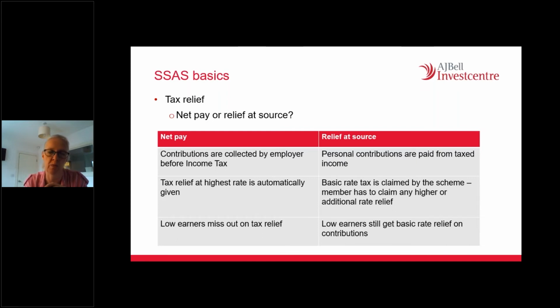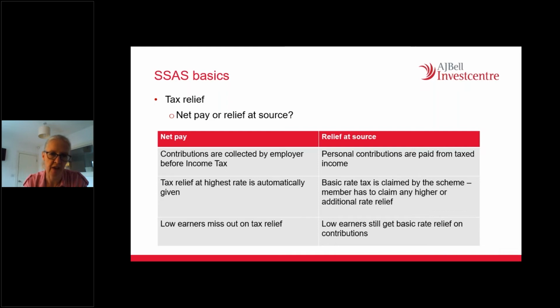So any personal contributions come in from taxed income, you pay a net contribution net of basic rate tax, the scheme claims back the basic rate tax from HMRC, and anybody who's a higher or additional rate taxpayer has to claim that additional relief from HMRC directly, either by self-assessment or contacting them direct.